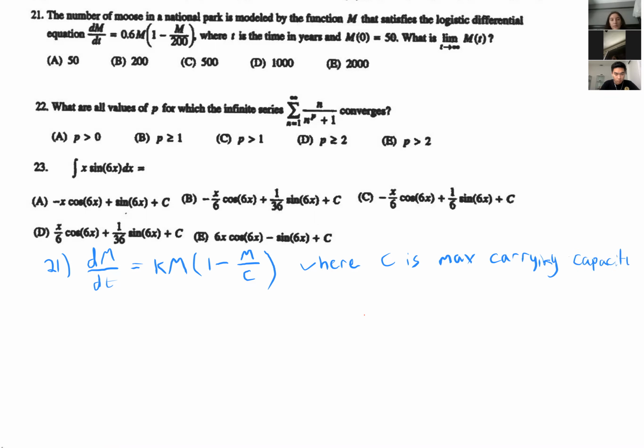So again, this equation tells you how the population of moose is changing over time. Okay, so I'm going to write this as, what is it asking? What is the limit?